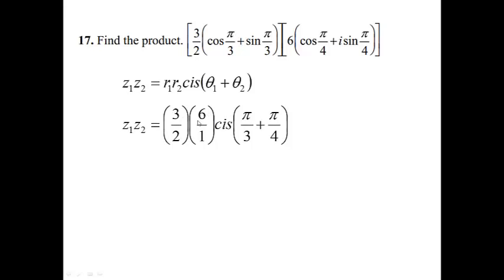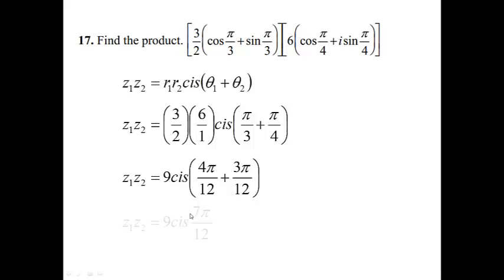This reduces by 2, so this is really 9. Getting a common denominator, multiplying these by 4 and these by 3, I get 4 pi over 12 plus 3 pi over 12. Remember, this is 18 over 2, or 9. And adding this, I get 7 pi over 12.